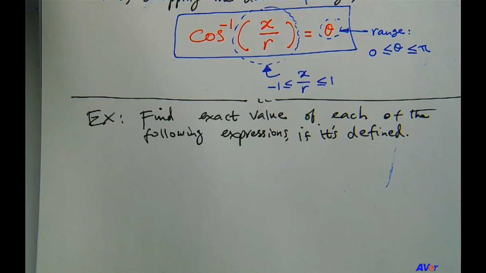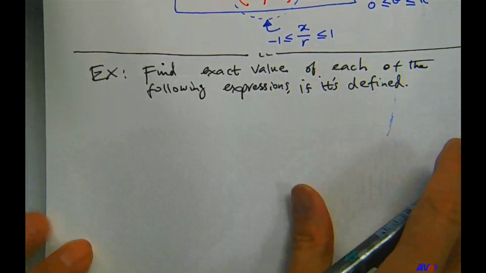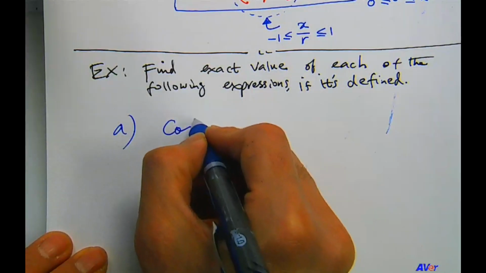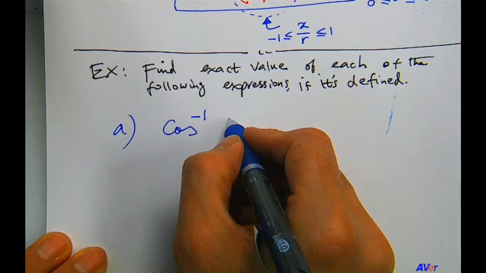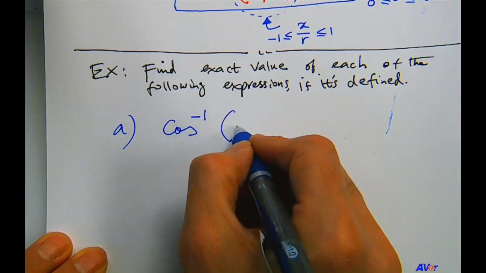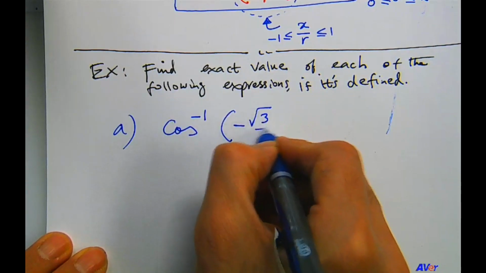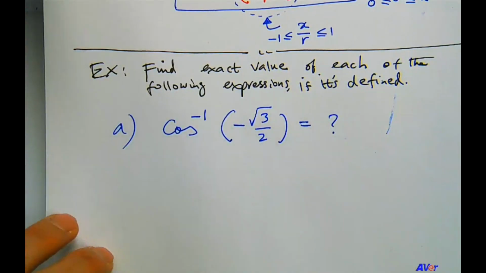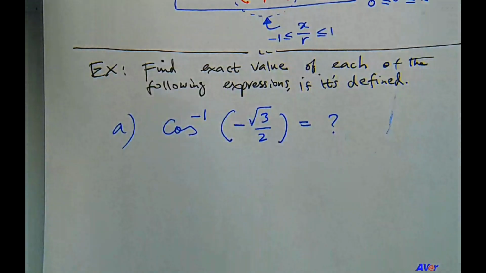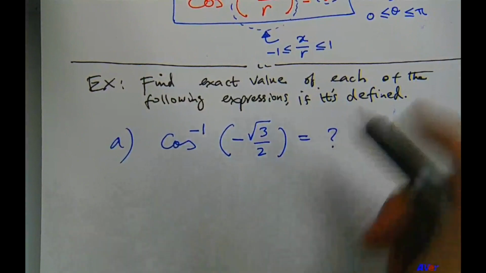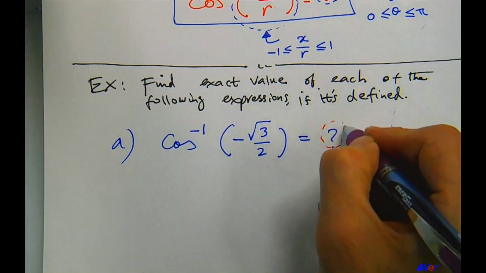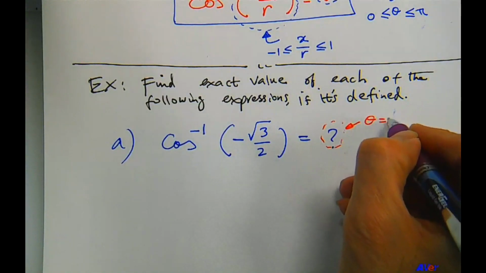Okay, so part A. We want to find the exact value of cosine of inverse cosine of negative square root of 3 over 2. Right? So that's what we want to find. Well, this would be an angle, right? This is what we're looking for, an angle theta.